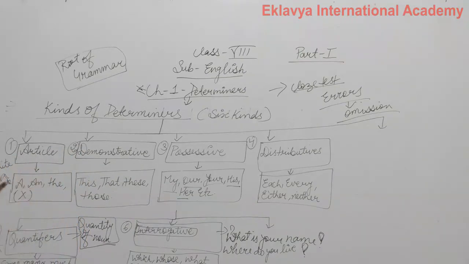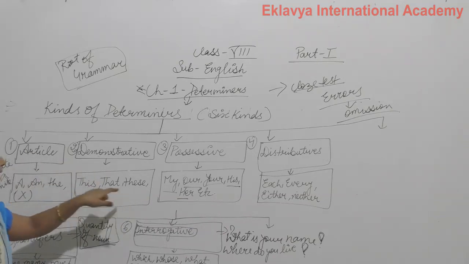So these are the parts of determiners, 6 kinds of determiners. First is article, which consists of a, an, the, and one more is the omission of article, that is zero article. Second one is demonstrative, that is this, that, these, those.